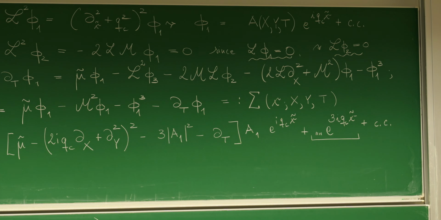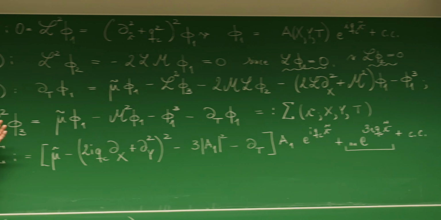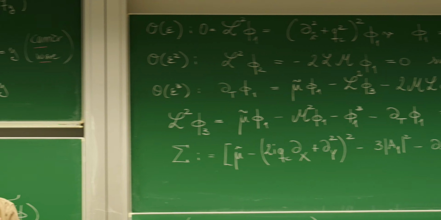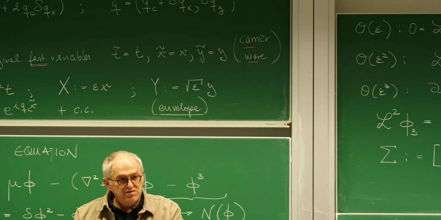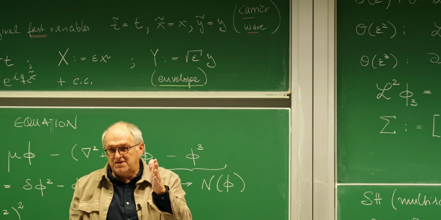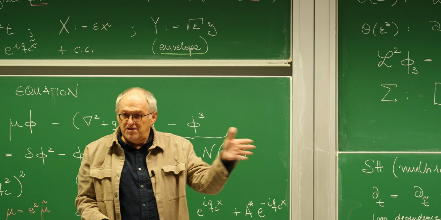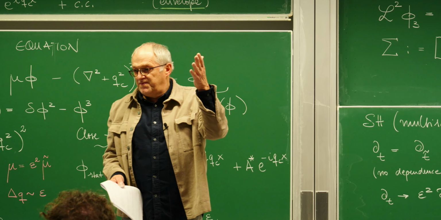Now let me argue in terms of physics here. You know from mechanics, when you have an oscillator described by a differential equation, and there's a right-hand side with a force, and the force is happening on the same kind of frequency as your oscillator on the left-hand side, you get a resonance.